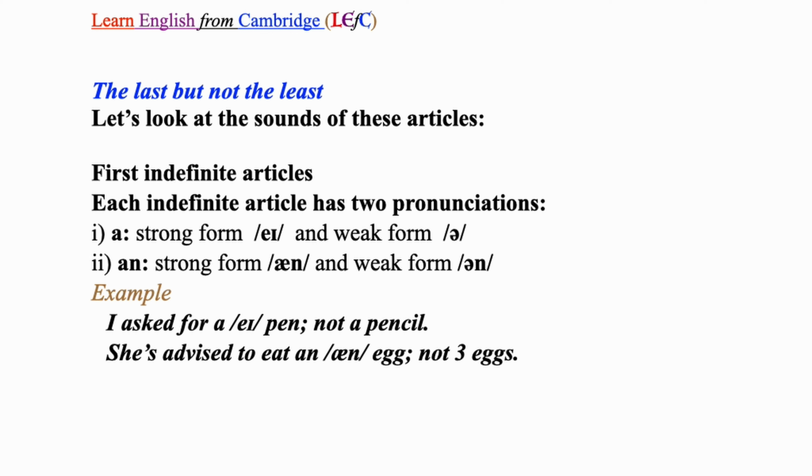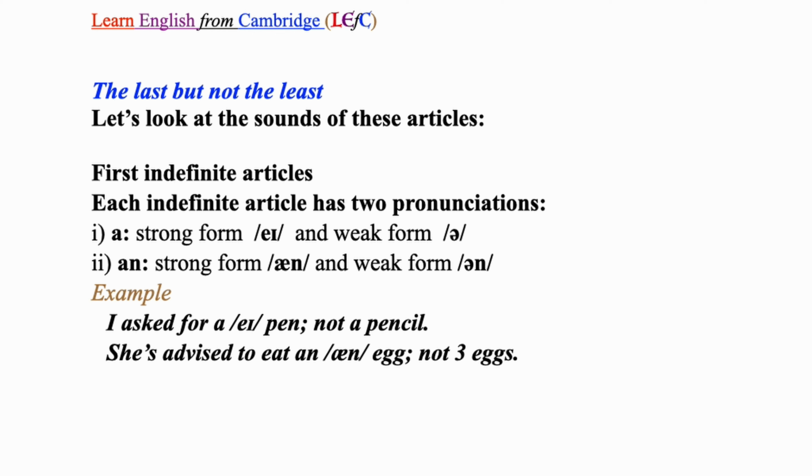The last but not the least, let's look at the sounds of these articles. First, indefinite articles. Each indefinite article has two pronunciations, one for strong form and one for weak form.